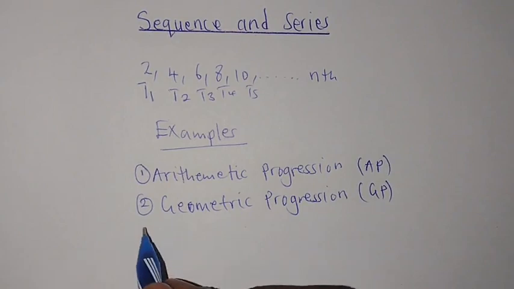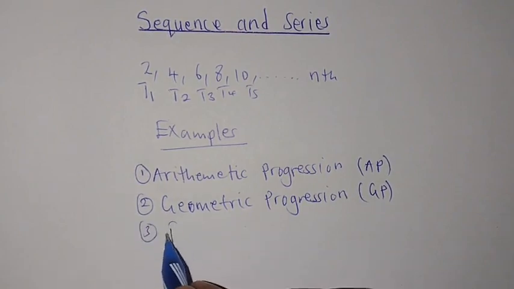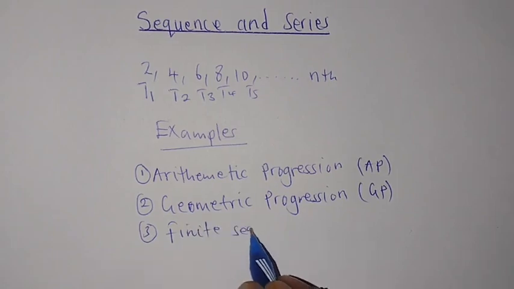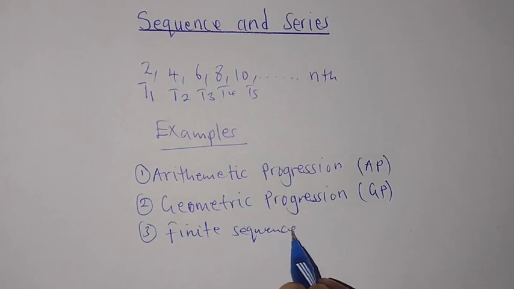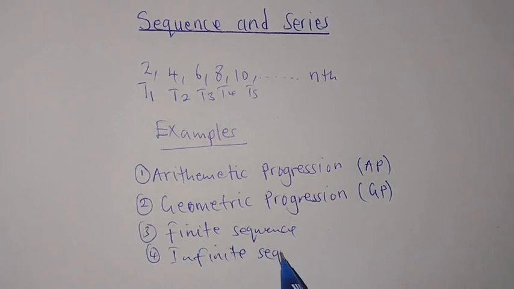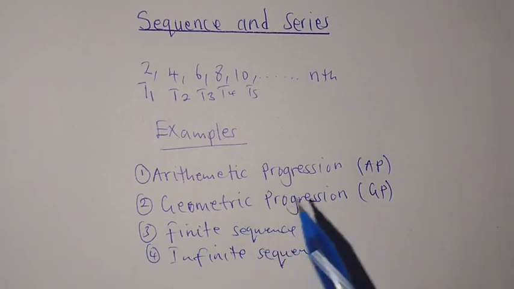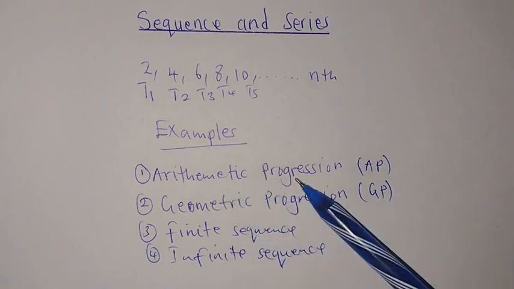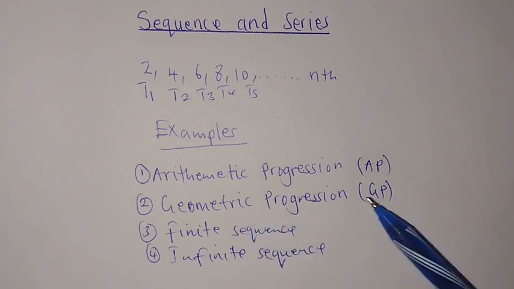We also have the infinity sequence, and as we go further we will even look at the Fibonacci sequence. So these are examples of sequences: arithmetic progression AP and geometric progression GP.